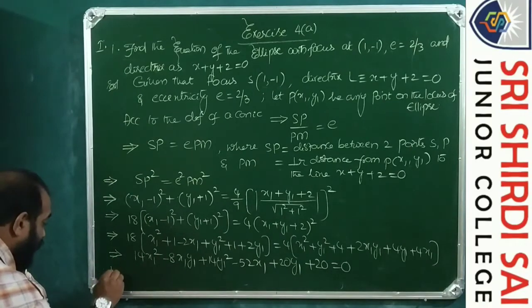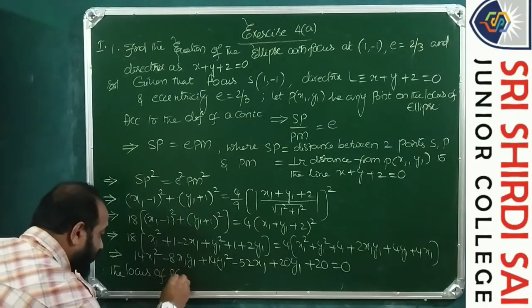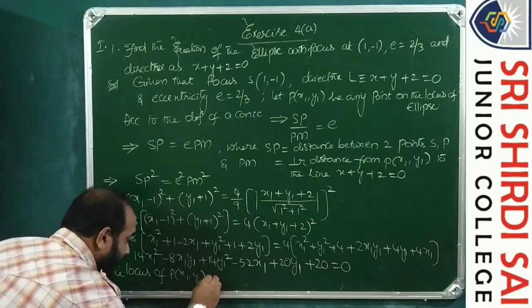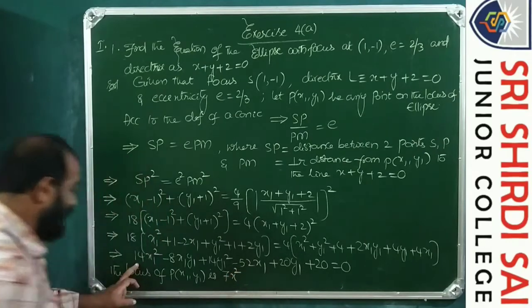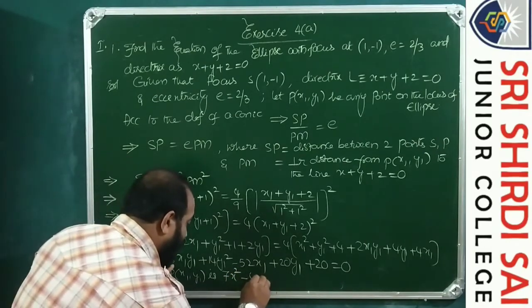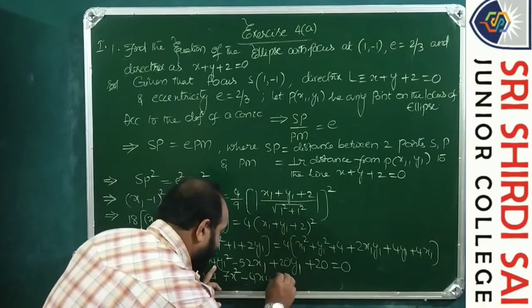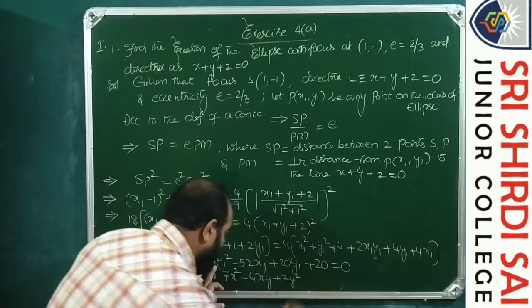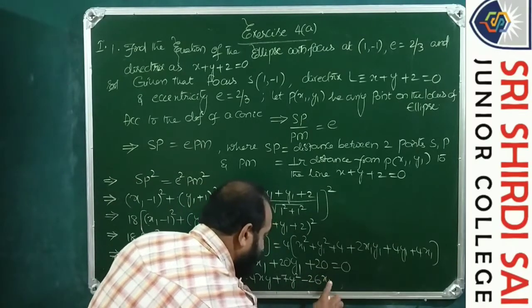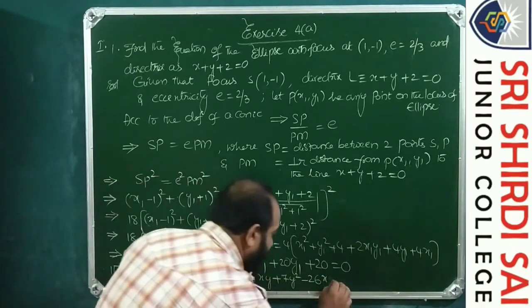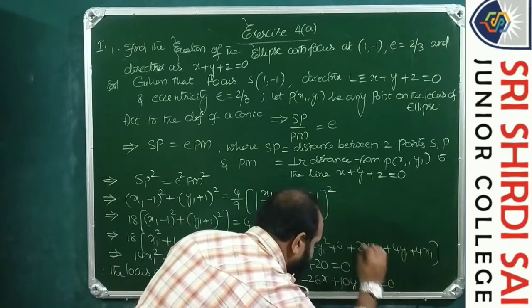Therefore the locus of P(x1, y1) is 7x square minus 4xy plus 7y square minus 26x plus 10y plus 10 equals 0.